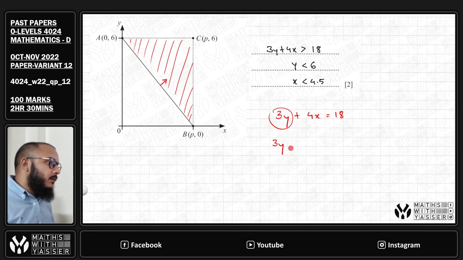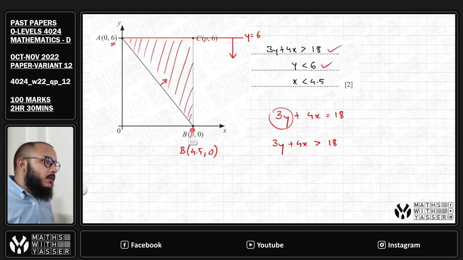So for that reason, 3y plus 4x is greater than 18. And if I look into this line, which is y equals 6, the region is satisfied if y is less than 6. So y is less than 6. Then we already found the x coordinate of the point P, which is 4.5. So the region is satisfied also by the third inequality, which is x should be less than 4.5.